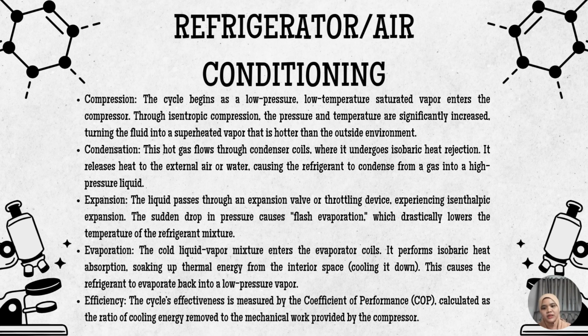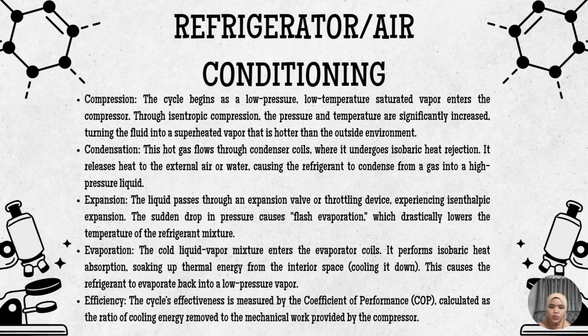So the second process is condensation, which is the hot gas flows through the condenser coils, where it undergoes isobaric heat rejection. It releases heat to the external air or water, causing the refrigerant to condense from a gas into a high-pressure liquid. And the third is we have expansion.